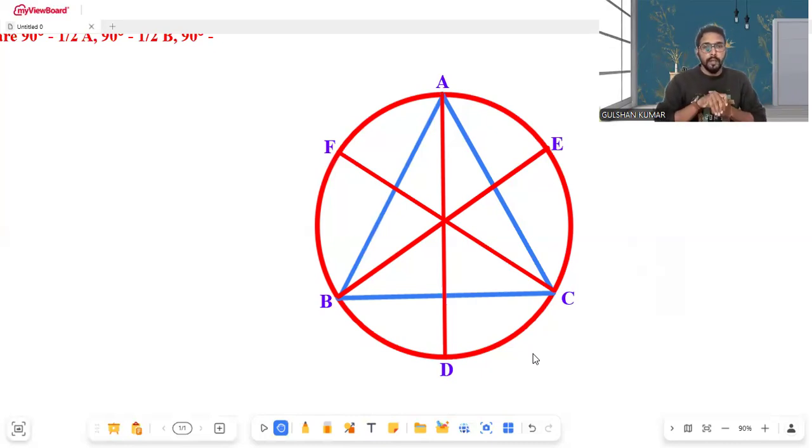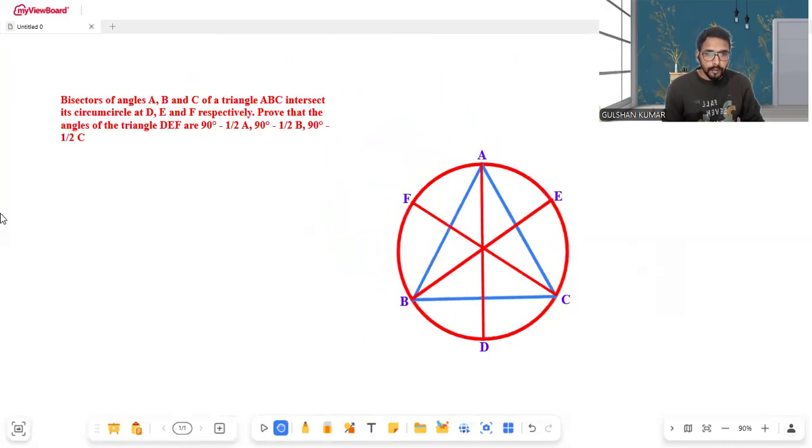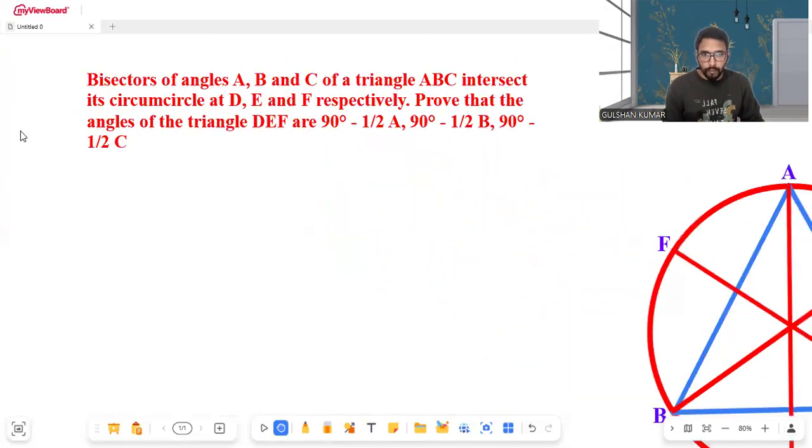So what will be the approach? First of all, let us write down the given, what we have, and what we have to prove.